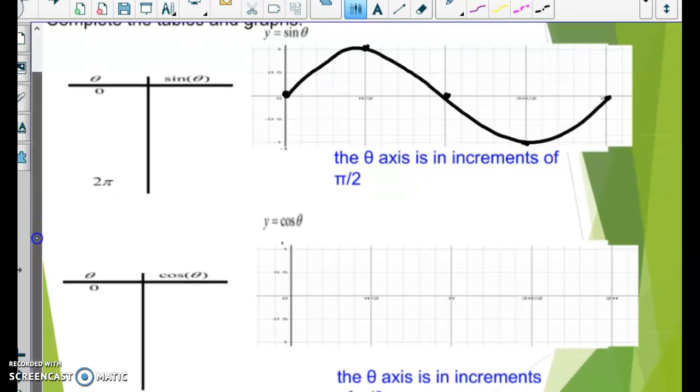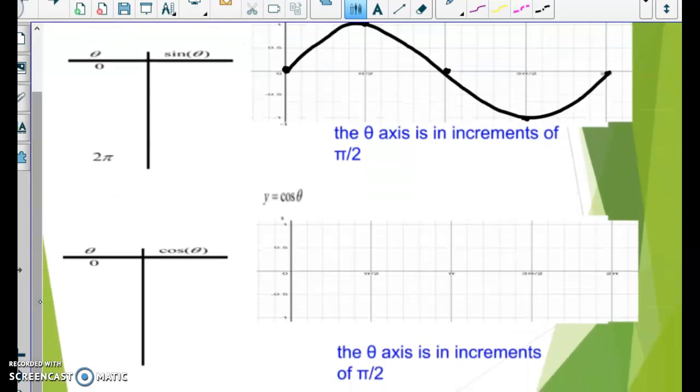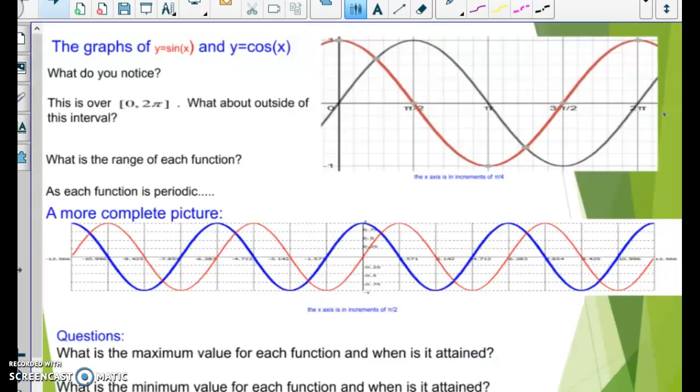We also know that the cosine, if we look at our unit circle, starts there, goes there, down to negative 1 there, and back up, and it'll look like that. You can look at your first graph that you made, and that's going to help you out immensely going forward.